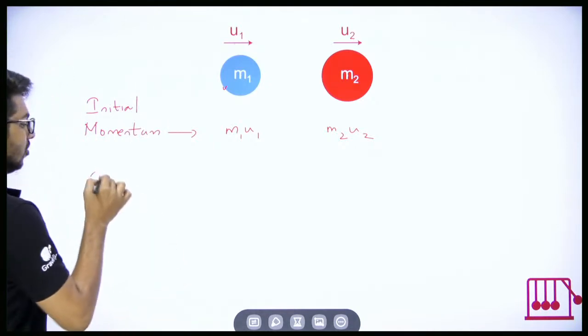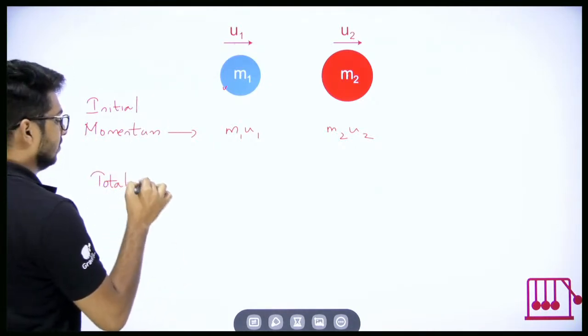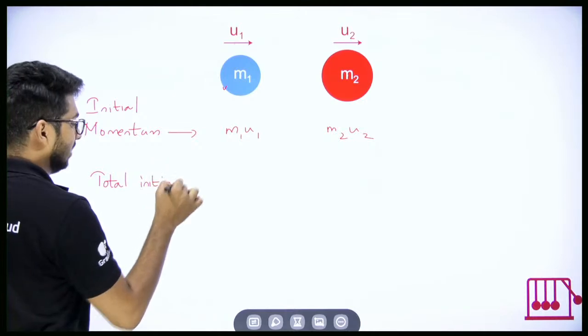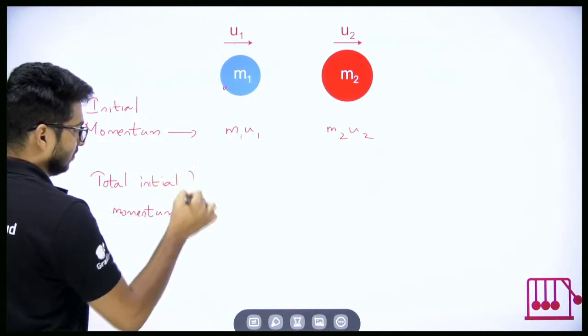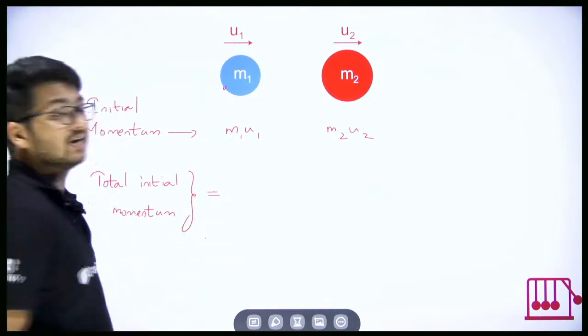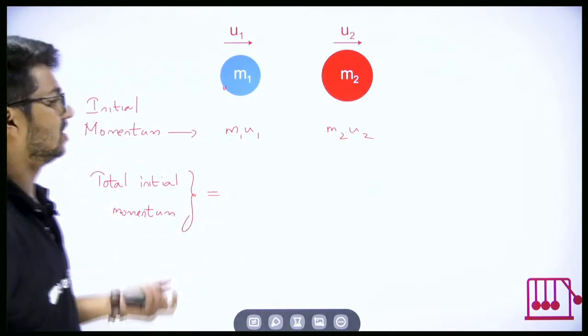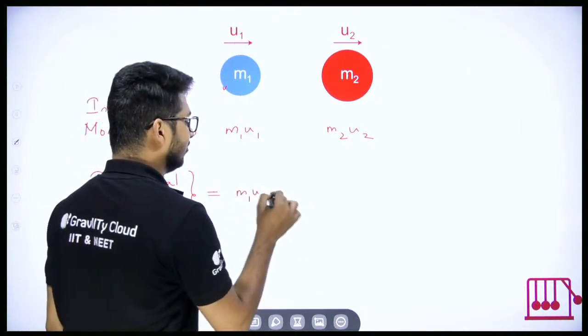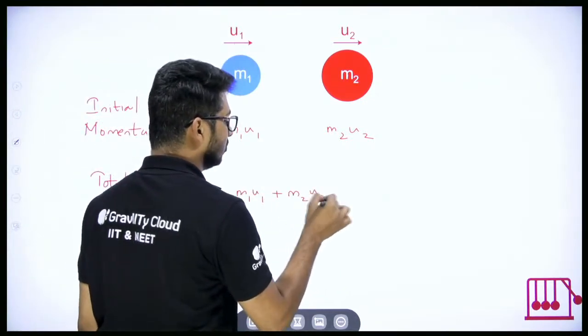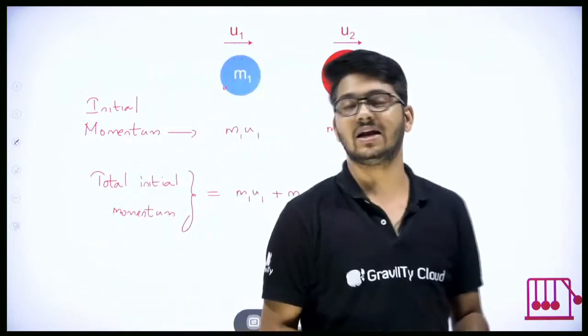Now if I talk about total initial momentum, what is that going to be? You just directly add them: m1 u1 plus m2 u2. That is the total initial momentum.